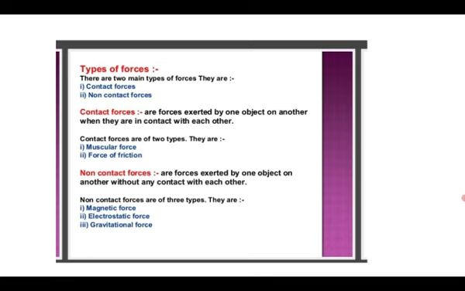Contact forces are of two types: one is muscular force and second is frictional force. Non-contact forces are forces exerted by one object on another without any contact with each other. It means they are not coming in contact but they exert their force.